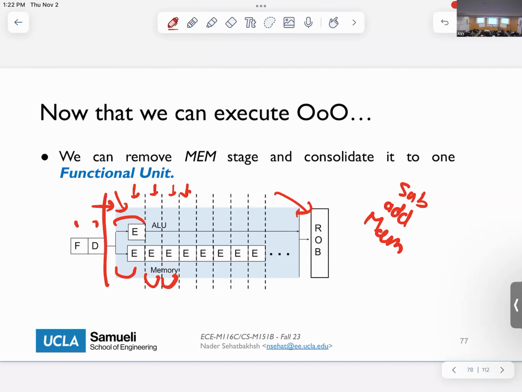I'm going to pick instructions and put them into these execution units. The execution unit is going to independently take care of this, whether it's a memory, an ALU, a branch, whatever it is. And then I'm going to update the corresponding line in my ROB, and that's how I'm going to complete this instruction. And then the rest is basically how we retire, which I've already explained. Okay.